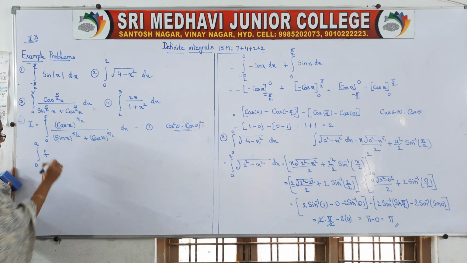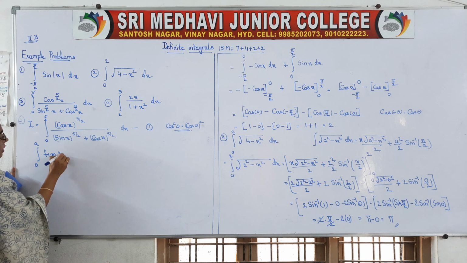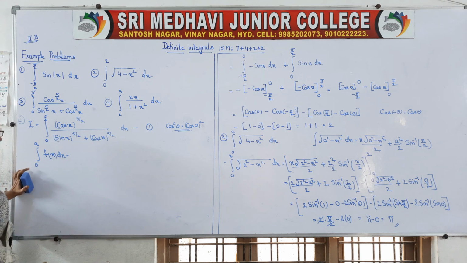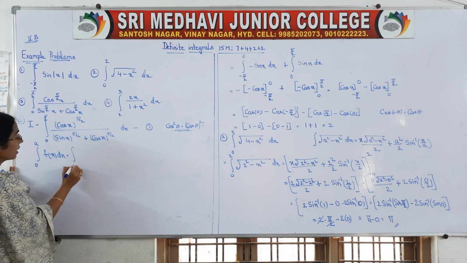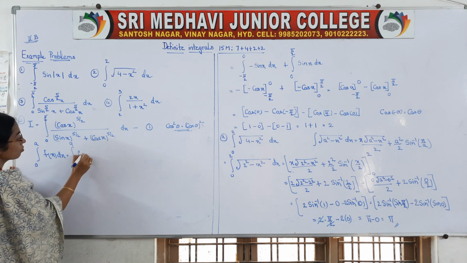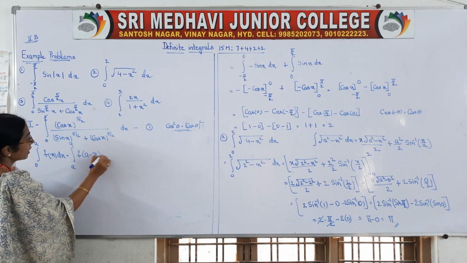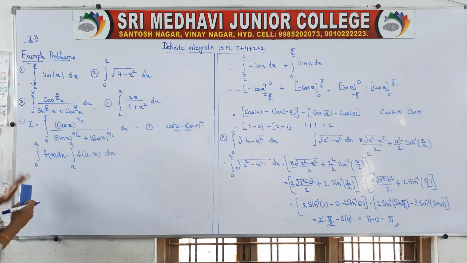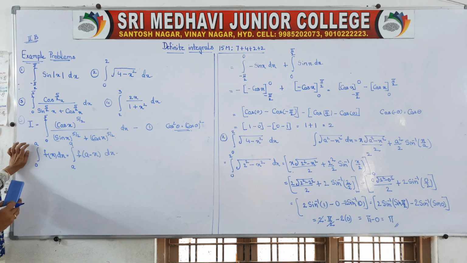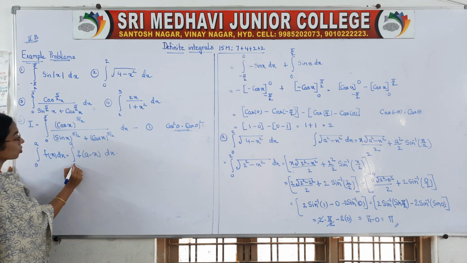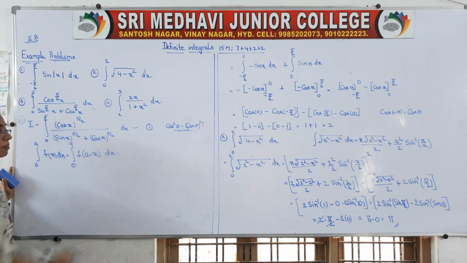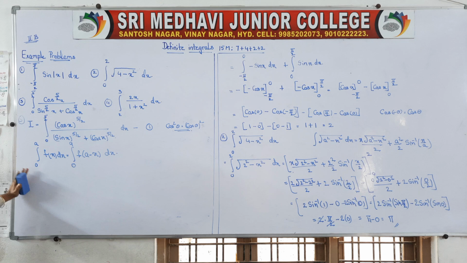Integral 0 to a f of x dx is equal to, I said it is the most repeated formula in definite integrals. Suppose 0 is there and some value a is there, then integral 0 to a f of x dx can be taken as integral 0 to a f of a minus x dx.